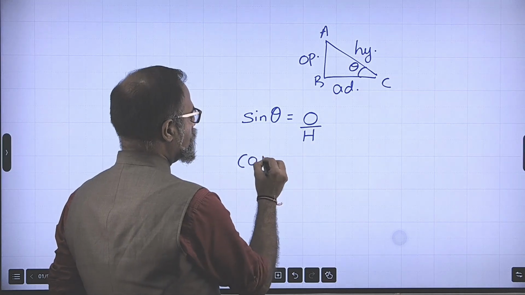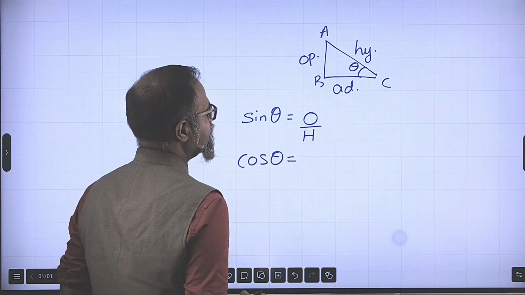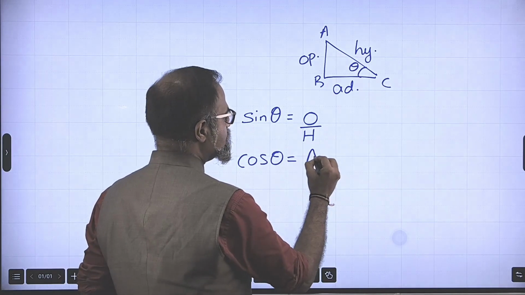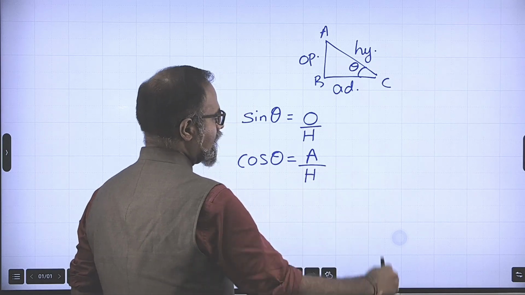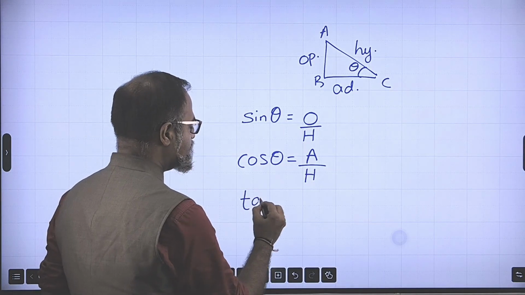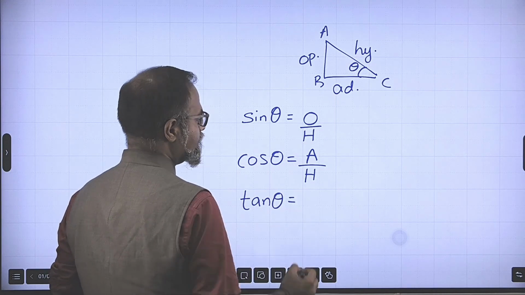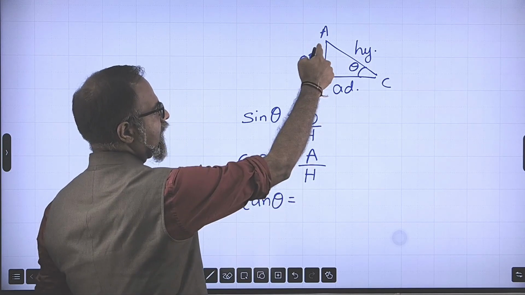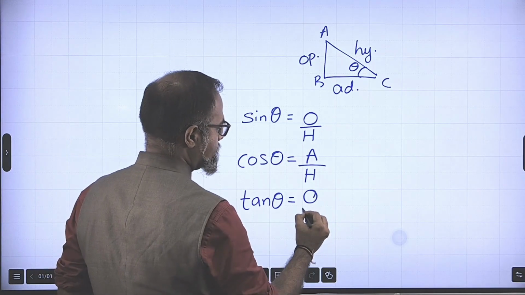Similarly, cos of theta is defined as the ratio of the adjacent side to the hypotenuse, and tan of theta is the ratio of the opposite side to the adjacent side.